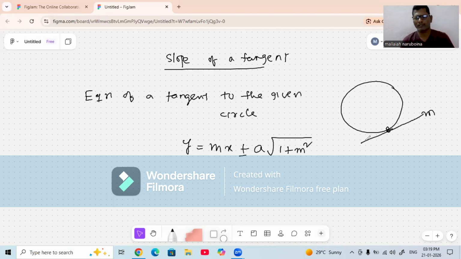Here m is the slope of this tangent line, and a, we know, is the radius, the perpendicular distance. So when the radius and slope are given, you can use this equation y = mx ± a√(1 + m²) to write the equation of the tangent.